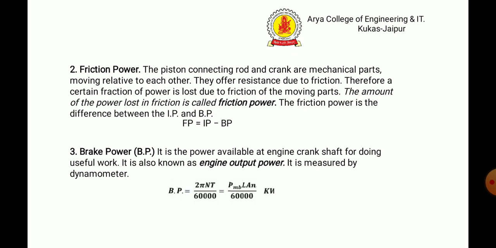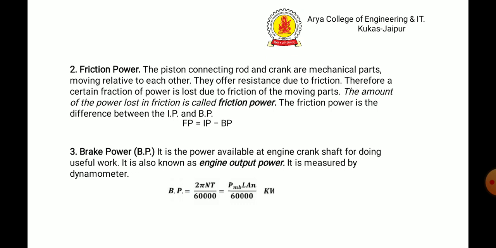Second is friction power. The amount of power which is wasted in overcoming friction comes in the category of friction power, and this is the difference between the indicated power and brake power. Now the third one is brake power.